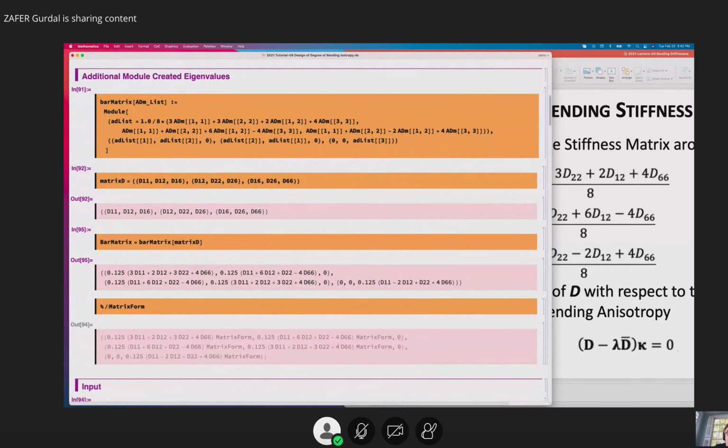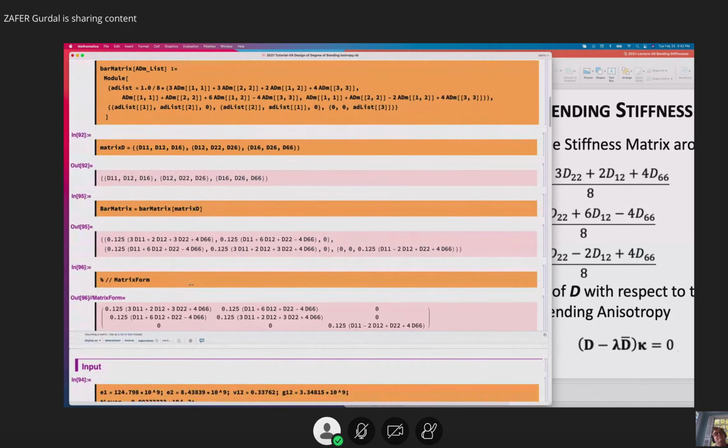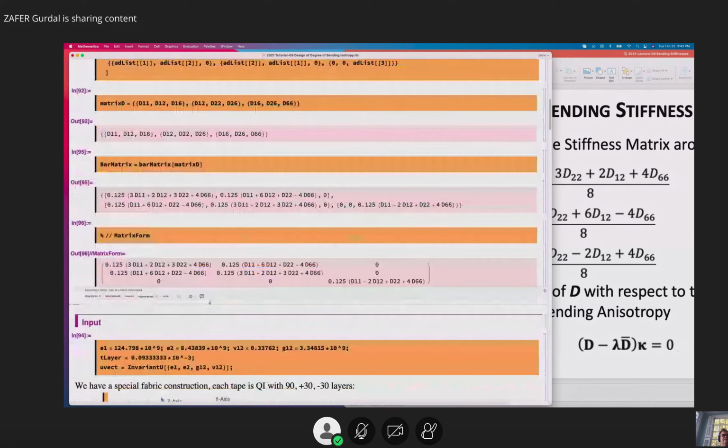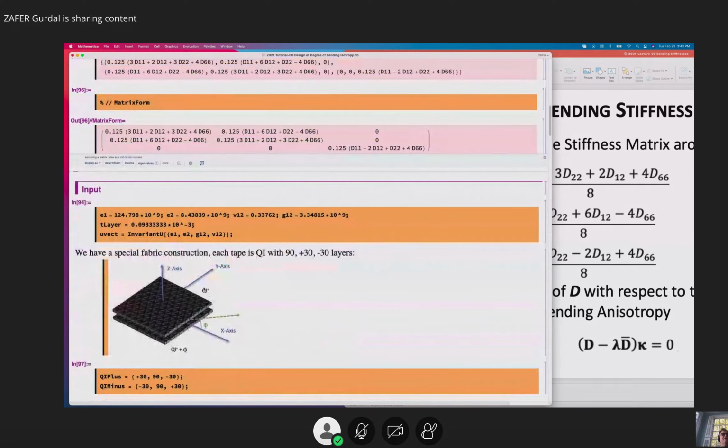Not percent, matrix form, percent slash matrix. Or I could have done matrix form, open bracket, percent, close bracket. So you can see that bar 16 and 26 are already 0. And this is basically the bar matrix, which is the integral of the D matrix around the circumferential direction. From there, we're going to go to the eigenvalue problem.